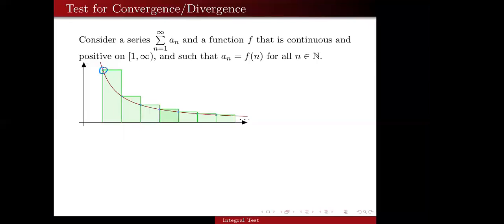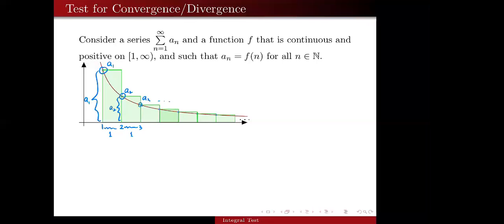This is still your A sub 1. This is still your A sub 2. This is still your A sub 3, etc. The height of this rectangle is still A sub 1. Here you start from 1 and end at 2. So the length here is just 1. And then you have 2 to 3. So 2 to 3, the length here is just 1. The height here is just A2.